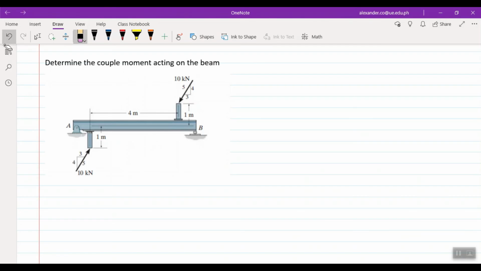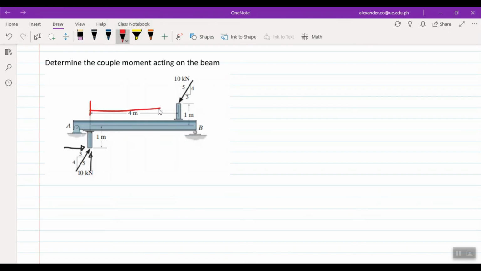Okay, the problem is that it's quite difficult to determine the perpendicular distance, right? How do you get the perpendicular distance? Because a couple is the force multiplied by its perpendicular distance, the distance between the parallel forces. So that's hard to get. What we will do, from what we studied previously, is another method: convert each force into two components, component X and component Y. With that, it's easier to determine the distance.